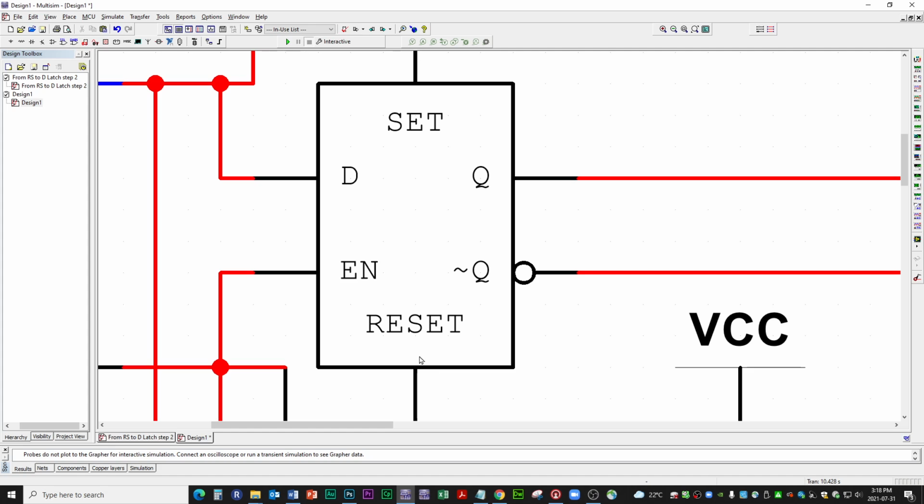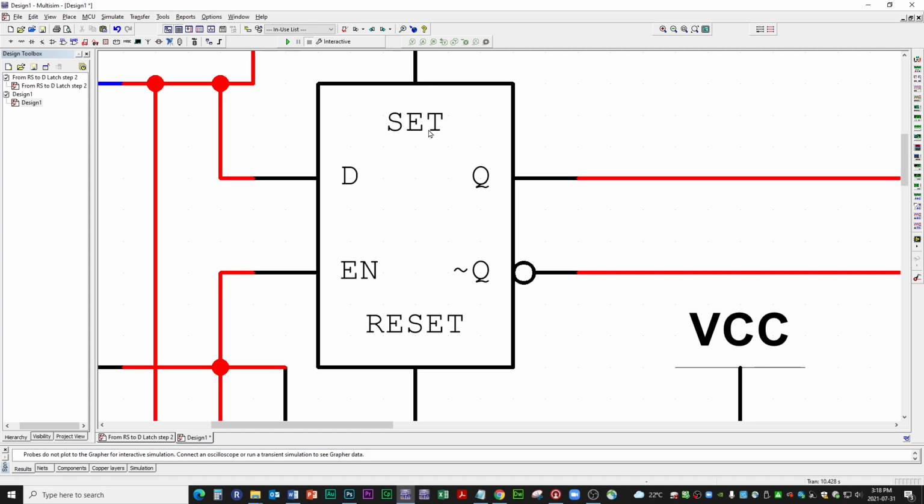Now over here reset would be the same thing. So here's the idea. If this set goes high, that means it is going to be activated because it's active high, which means that this whole device is going to go into the set state, which means Q high and not Q low.